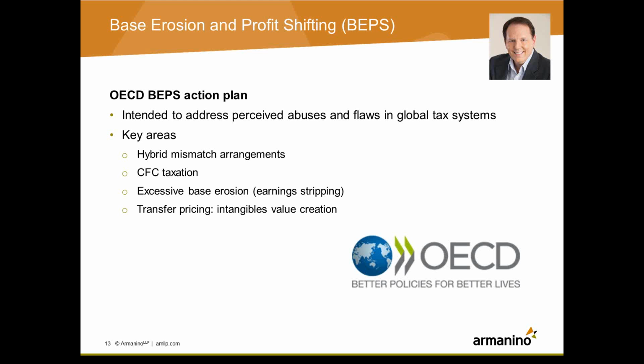And many foreign countries have a dividend exemption system. And so you have a situation where the U.S. tax base is being eroded through an interest deduction, but the foreign country is not picking up any income, effectively also eroding its tax base. So the hybrid mismatch arrangements are a great planning tool, but obviously the various governments do not like it.